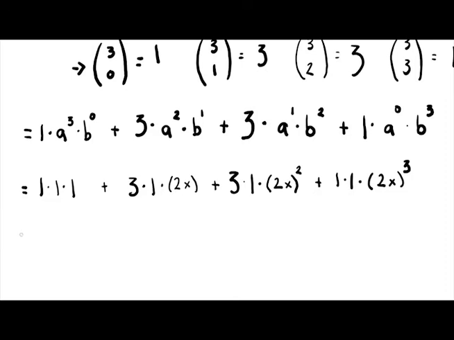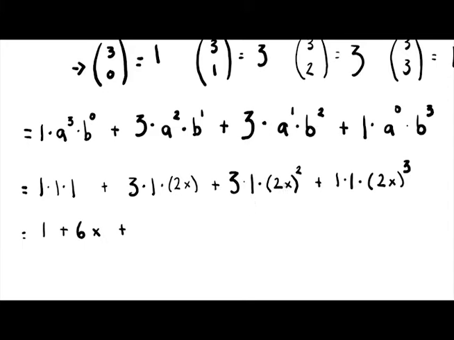So then we multiply each term. 1 times 1 times 1, 1, plus 3 times 1, 3, times 2, 6, times x, 6x, plus 3 times 1, 3, times the quantity 2x squared.